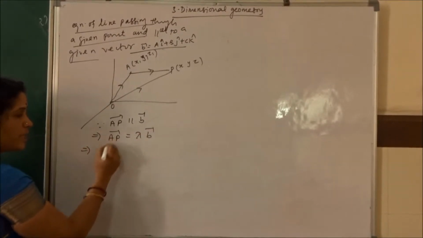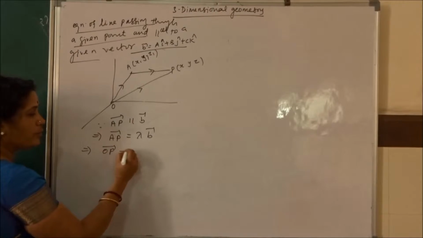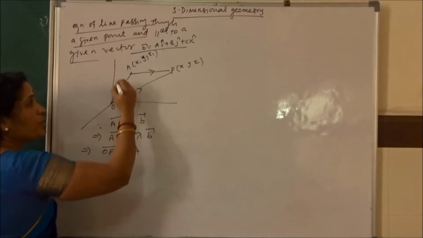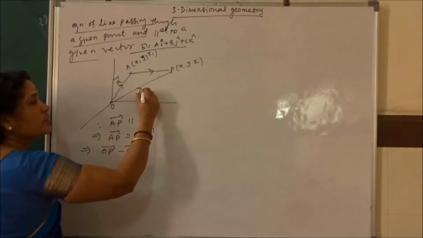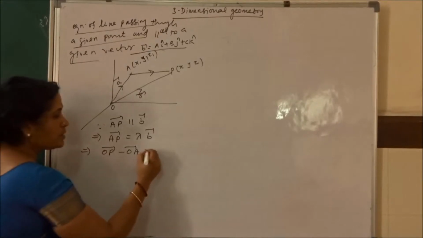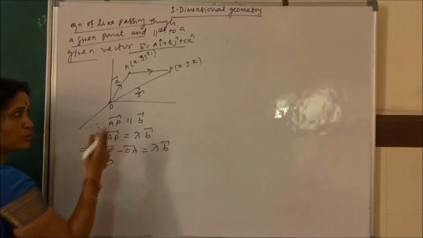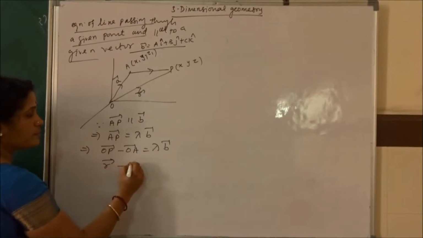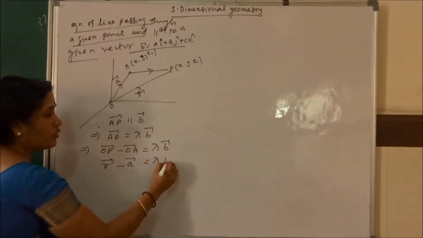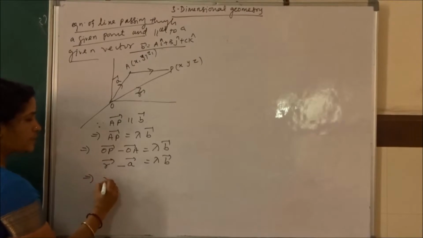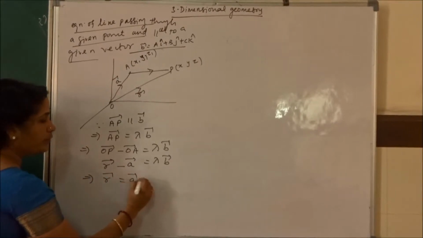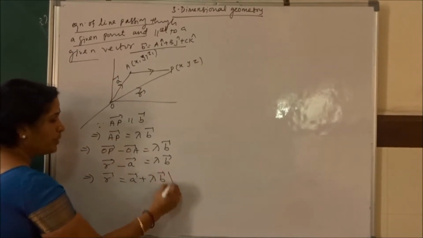Now this implies AP vector I can write OP vector minus OA vector. So OA vector I am taking A vector and OP is R vector. Clear? That is equal to lambda into B vector. OP vector is R vector, minus A vector, that is equal to lambda into B vector. This implies R vector equal to A vector plus lambda into B vector.